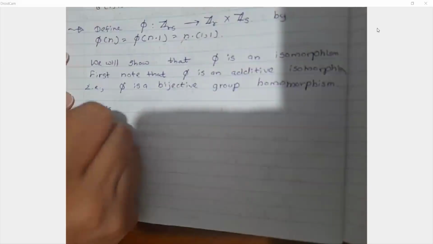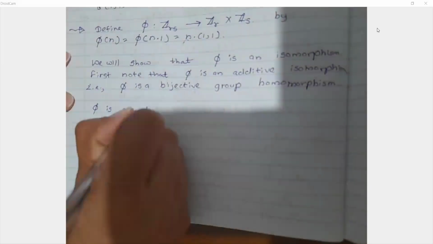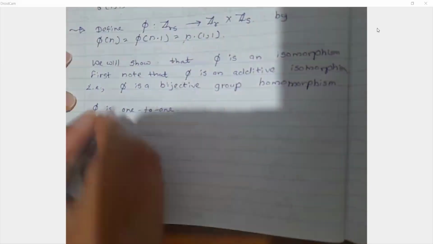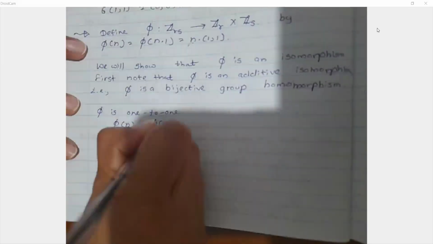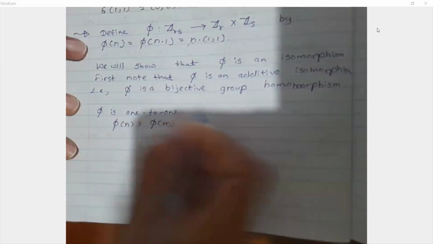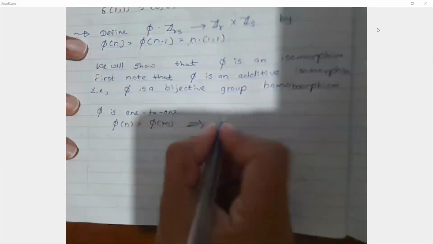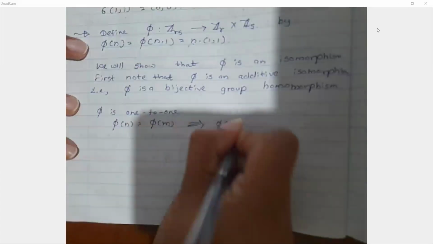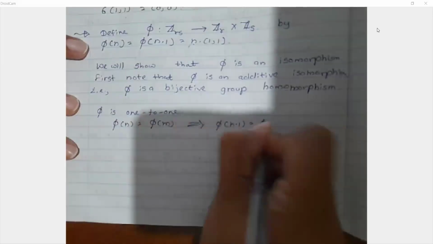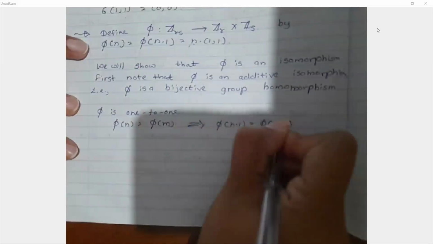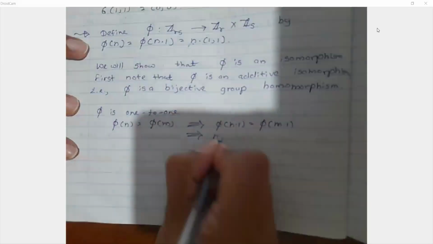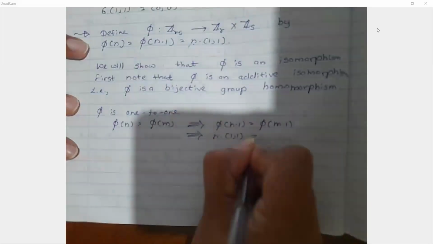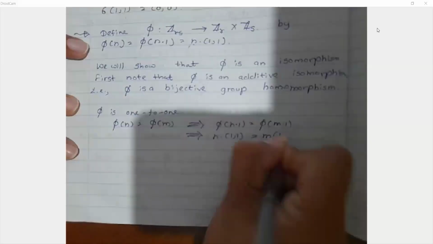Phi is 1-to-1. This is because if we have phi of n equal to phi of m, this implies by definition of this mapping, phi of n times 1 is equal to phi of m times 1. This implies, once again referring to the definition, n times (1,1) equals m times (1,1).